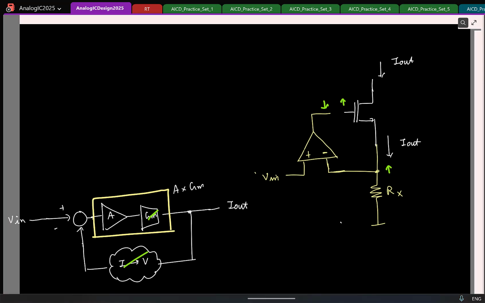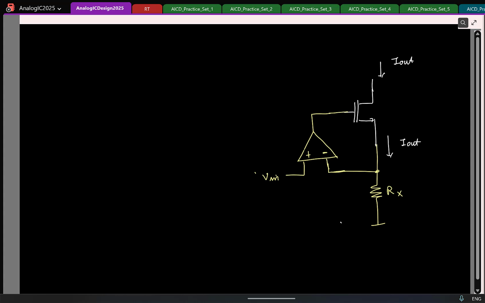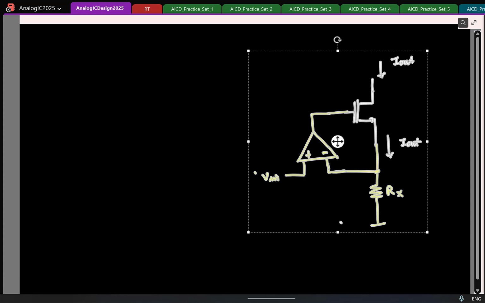So now I'll get rid of this. So now let us check if it has become a better voltage controlled current source or not. First let's check the gain from the input voltage to the output current.